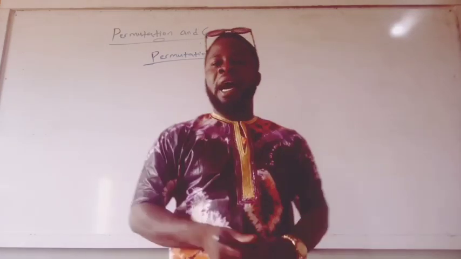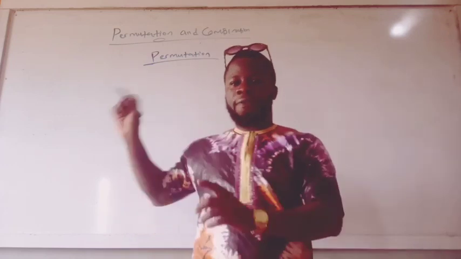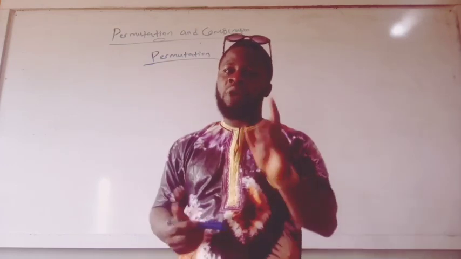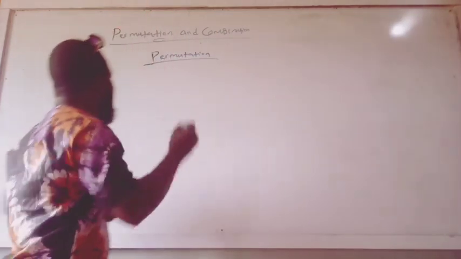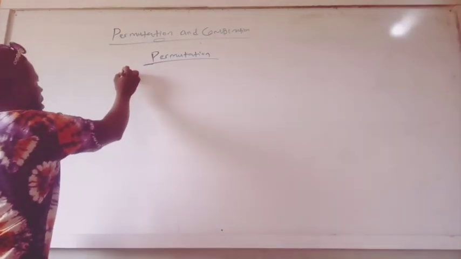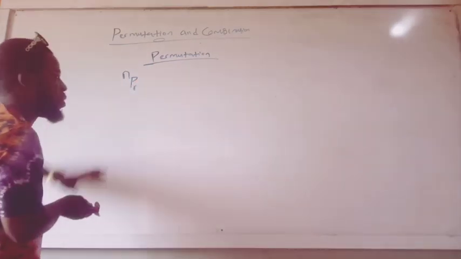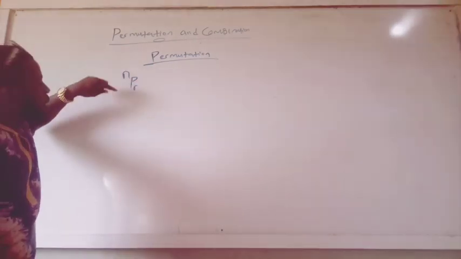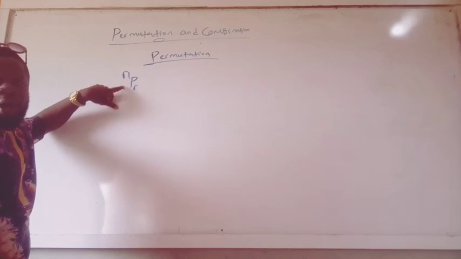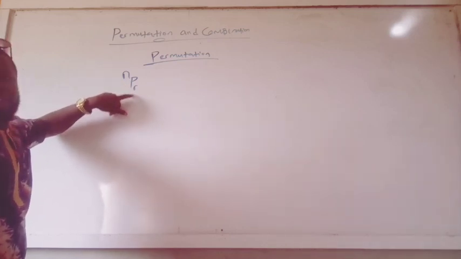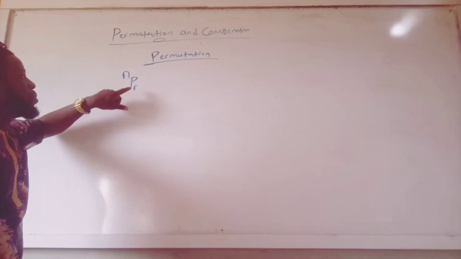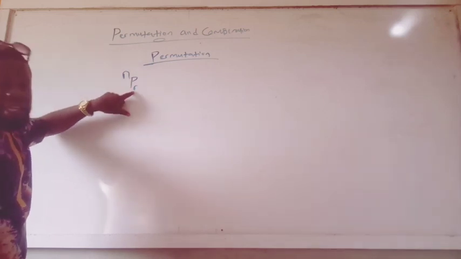But let's see how to use the formula. So I'll write the formula on the board now. The formula is n, we write P of r, that is n as a subscript, P as a normal letter, then r as a superscript.